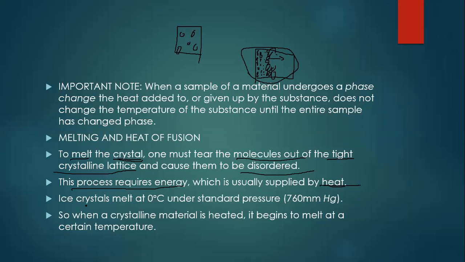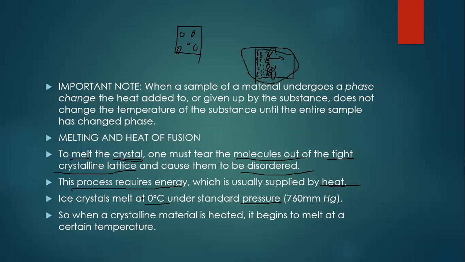So I'm sure we are familiar with ice, that ice melts at 0 degrees, all right? Now this 0 degrees, if we just say ice melts at 0 degrees, we are not being comprehensive. We are not including other factors, because pressure also comes to play a part, all right?